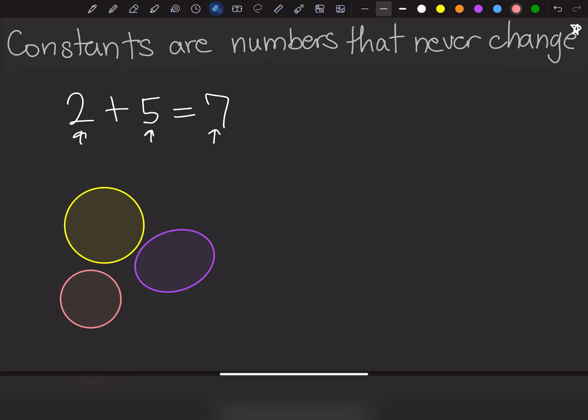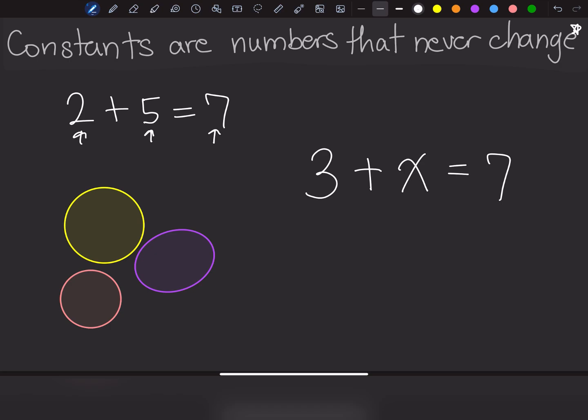If I have 3 balls, how many more do I need to make 7? We can use algebra to express that, like this. We have 3 balls, we add an unknown number to get 7 balls.